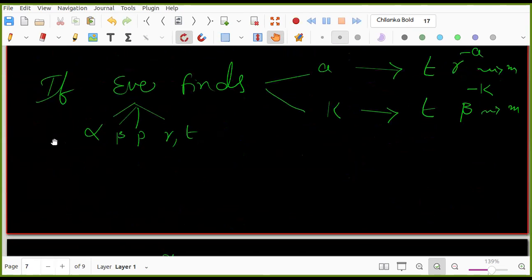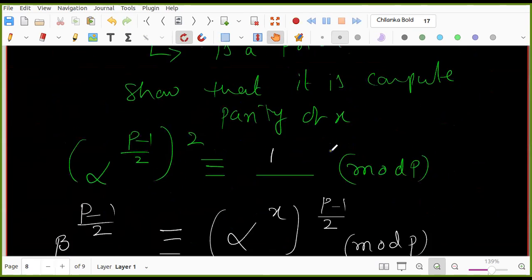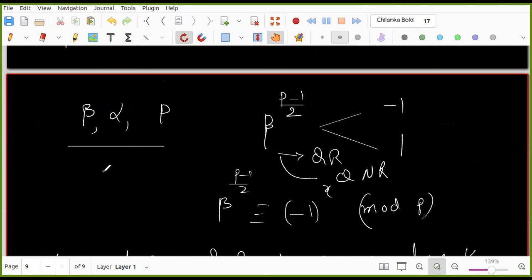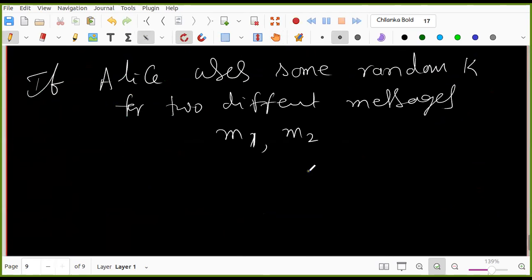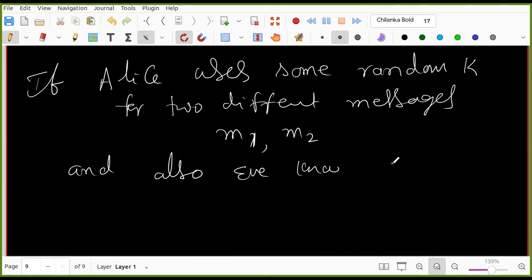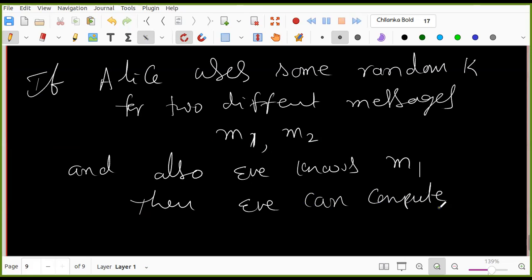For two different messages M1 and M2, also suppose Eve knows M1. It may be possible that Alice first communicates M1, or otherwise Eve knows M1. Then Eve can compute M2 also. So this is the question.